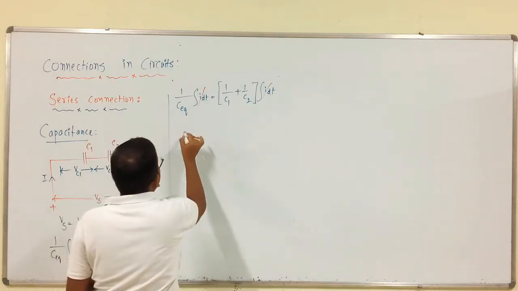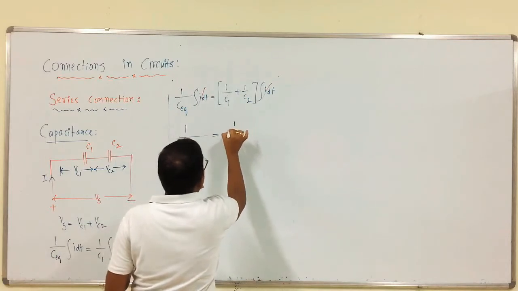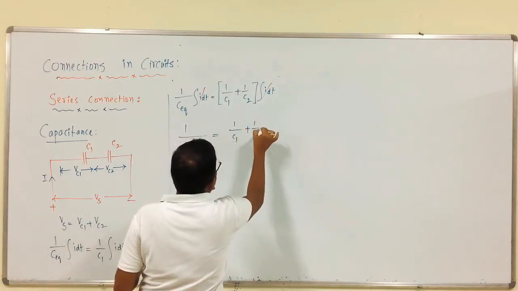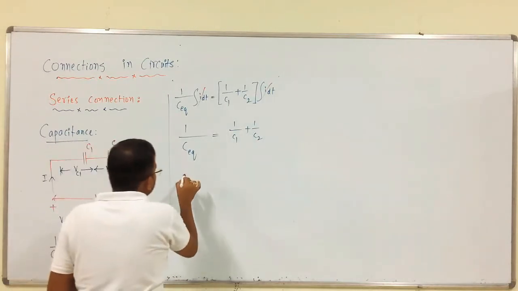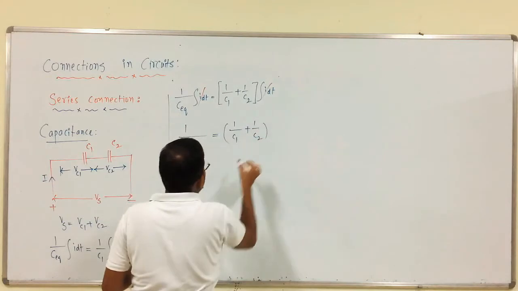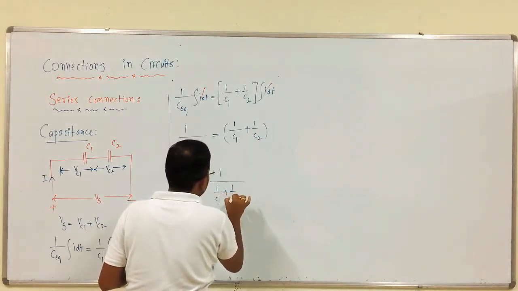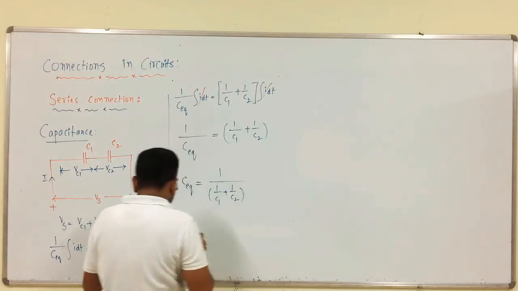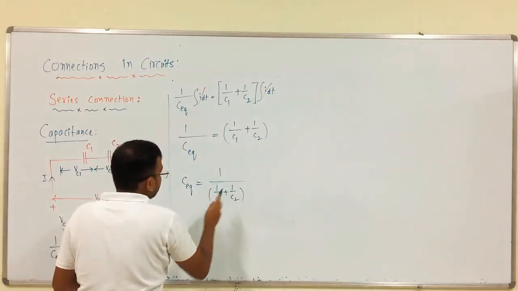From this we will get 1 by C equivalent is equal to 1 by C1 plus 1 by C2. So, from this C equivalent is equal to what? 1 by C1 plus 1 by C2, right.